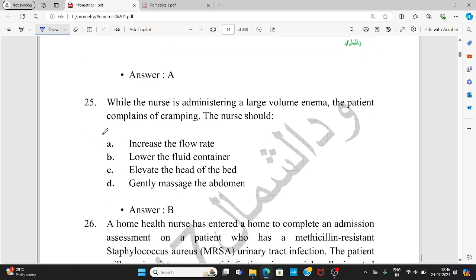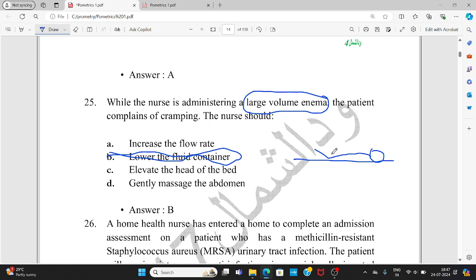When the nurse is administering a large volume enema, the patient complains of cramping. The nurse should... there is a large volume enema. Okay, so what is the answer? Lower the fluid container. Okay, so the patient is here. You have a bed, suppose, and you have the patient here.